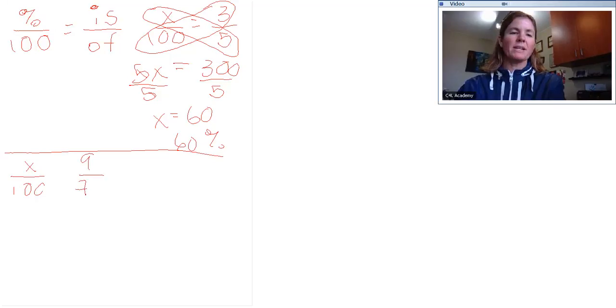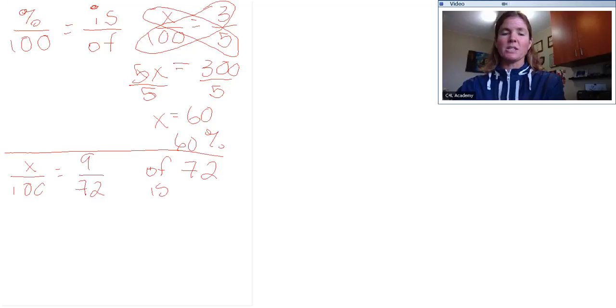Why did I know that? Because they say of 72 is 9. So the of value was 72, and the is value listed in that problem was 9. The of value is normally the larger quantity, so obviously 72 is a little bit larger too.